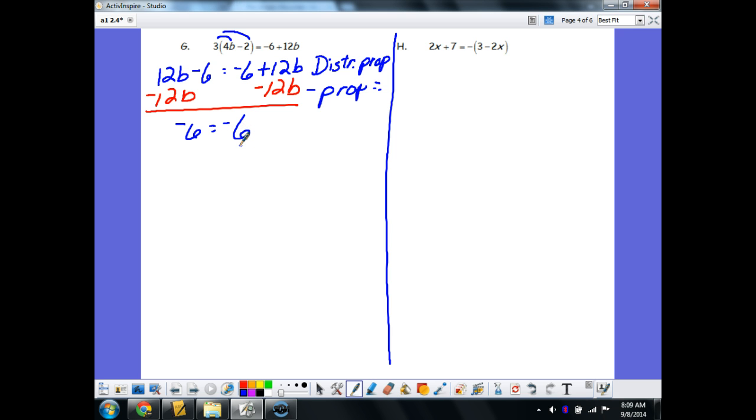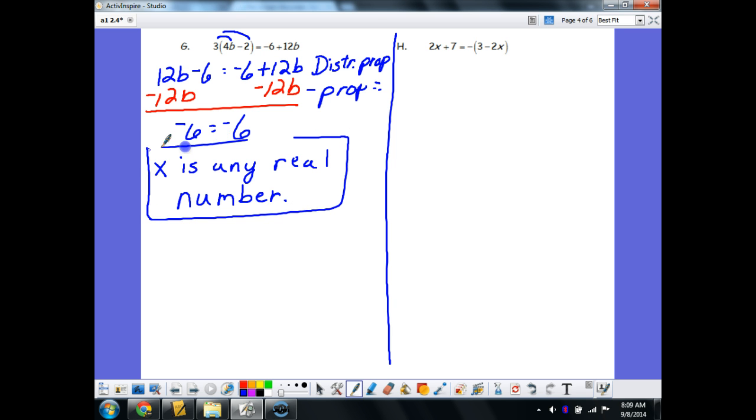Then you ask yourself, is that always true or never true? Since that is always true, this equation up here is always true. So therefore, x is any real number. X can be anything.